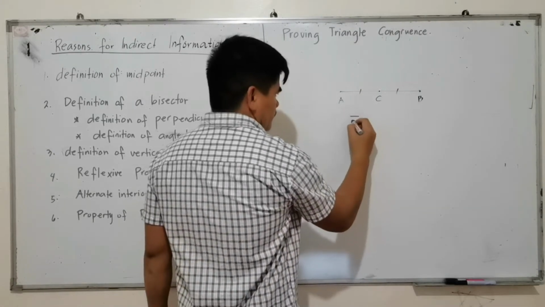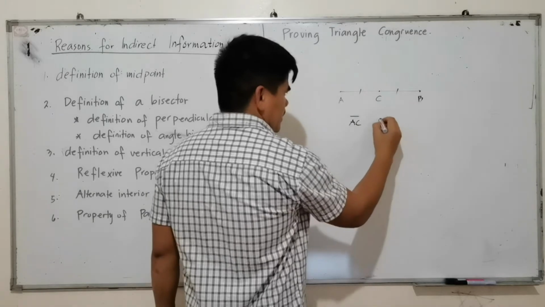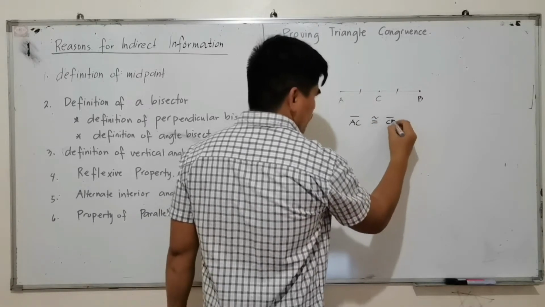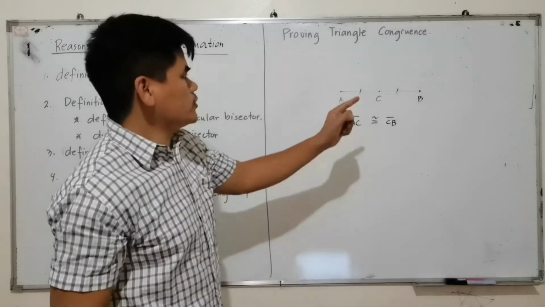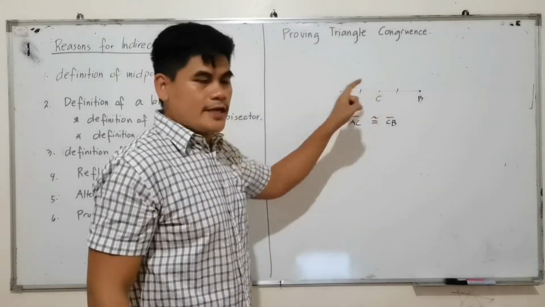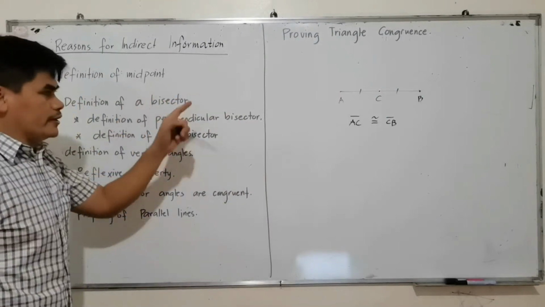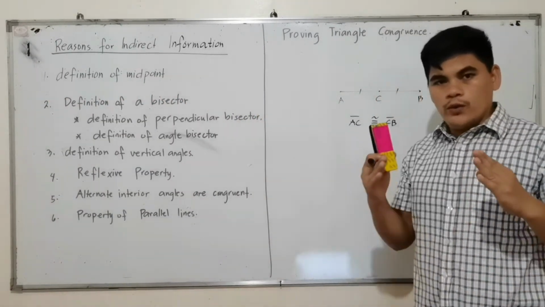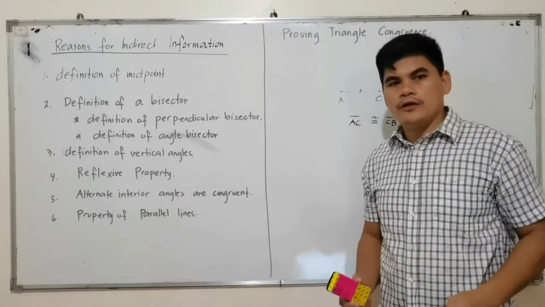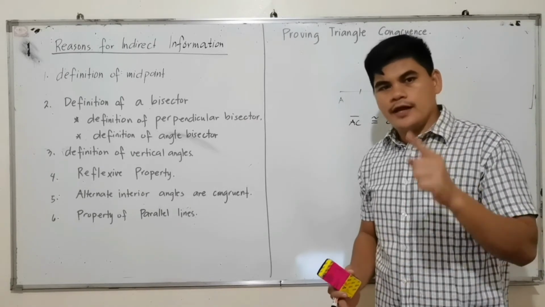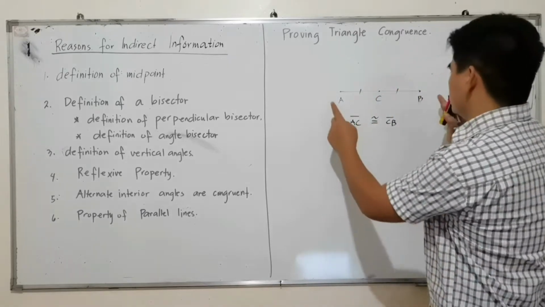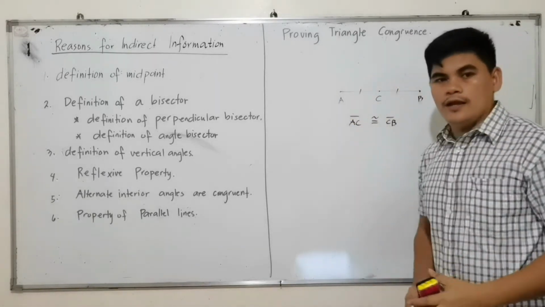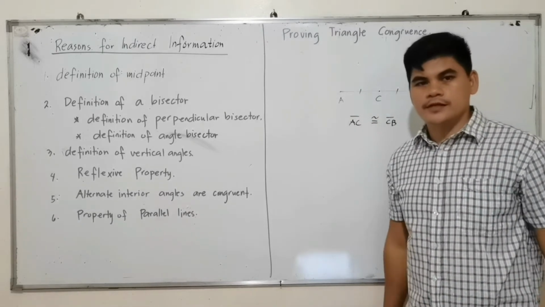So we have line segment AC congruent to line segment CB because C is the midpoint. That is the use of definition of midpoint. When there is a midpoint, take note that it divides the line into two equal segments. I hope that is clear.